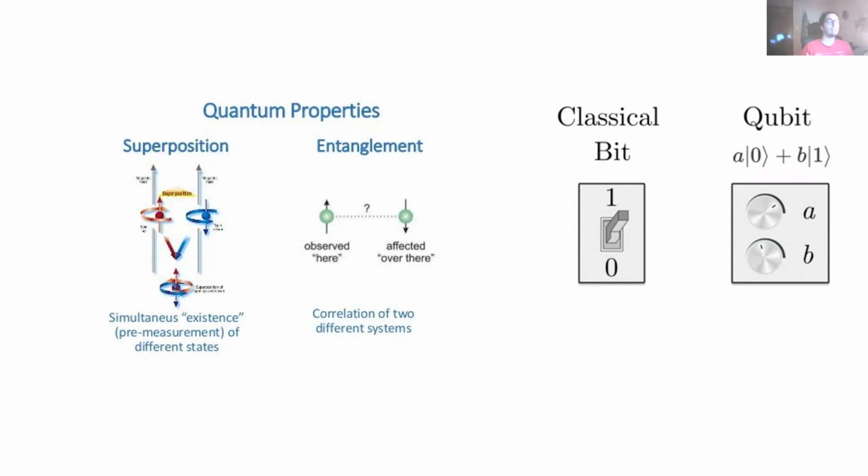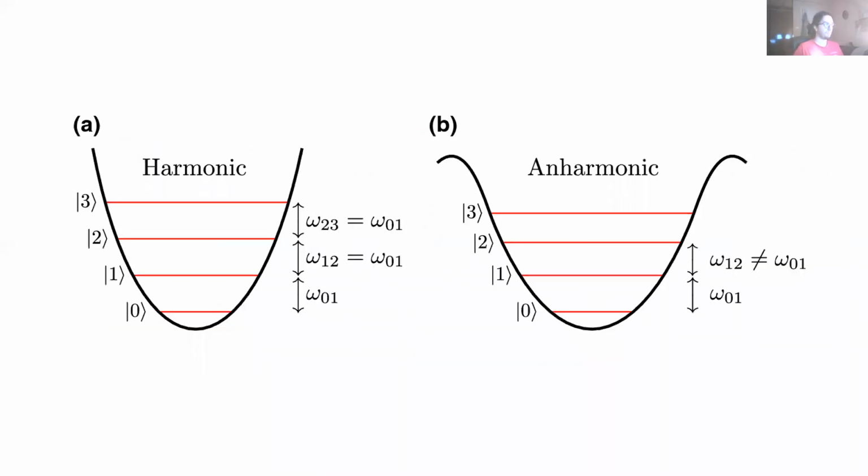And entanglement means correlation of two different systems, which we use in quantum computation as the interaction of qubits. When you entangle the qubits, you make two bits interact and work in a parallel fashion. So this speeds up everything else.